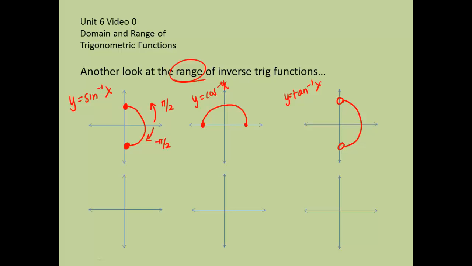I'm representing those by open circles because we're not actually including those quadrantal angles. That's where my asymptotes of the tangent lie. If you remember, when we graphed this, negative pi over 2 and positive pi over 2 were where my asymptotes were. So that's where my range values in these open circles come in.